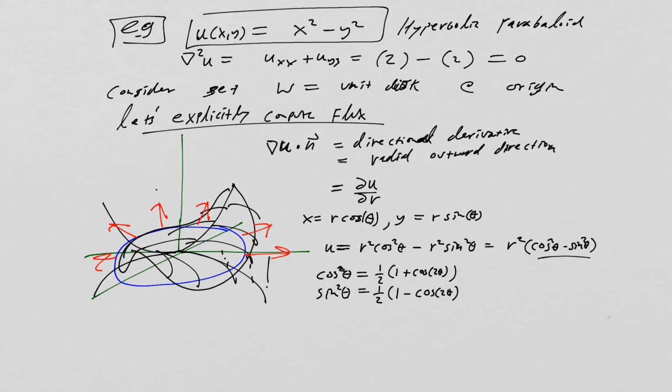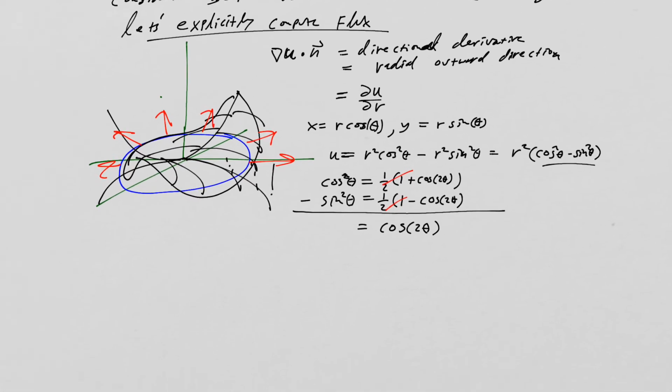So there's the double angle formula. Now, of course, I'm going to subtract them from each other, and we're going to see that these constant terms will cancel, and we'll be left with cosine 2 theta. Okay, cool. So that's what the output is of that.